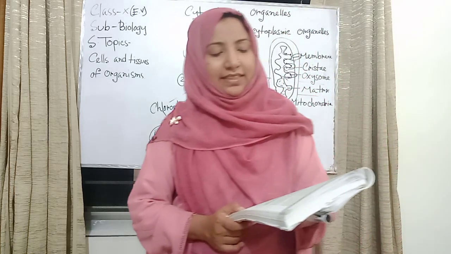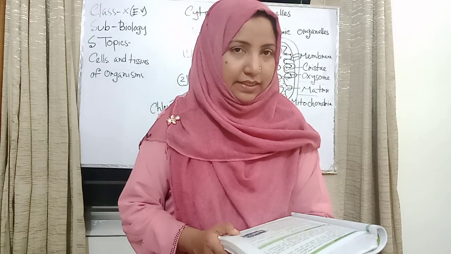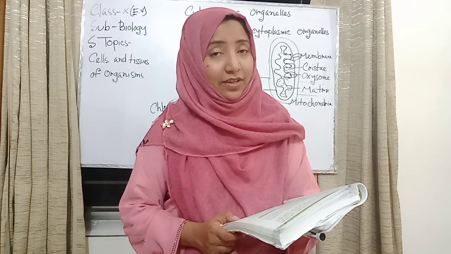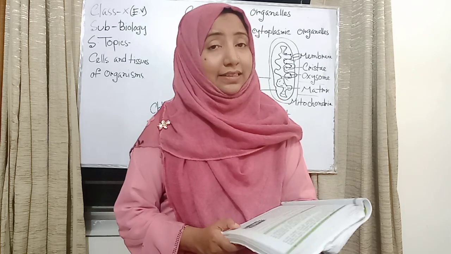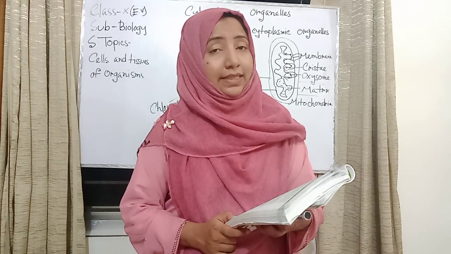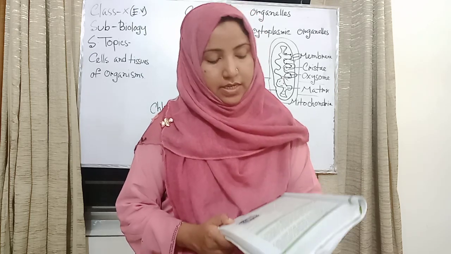They also synthesize and store different types of pigments like xanthophyll, carotene, phycocyanin, and phycoerythrin. They are colorful organelles, found in the petals of flowers and the roots of carrot.